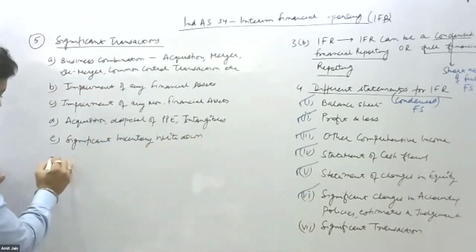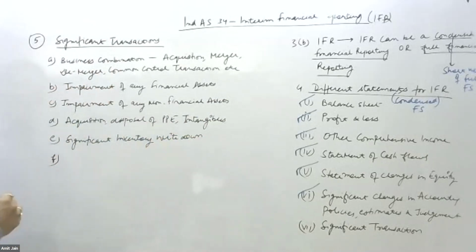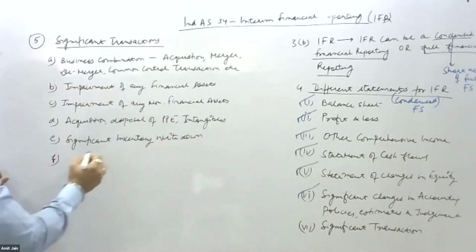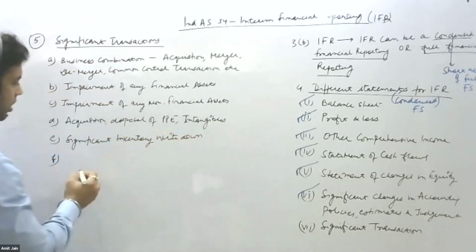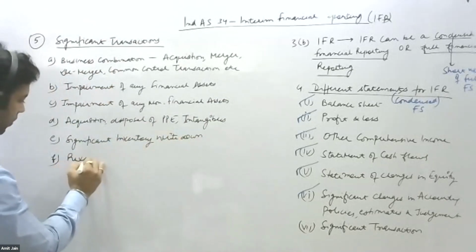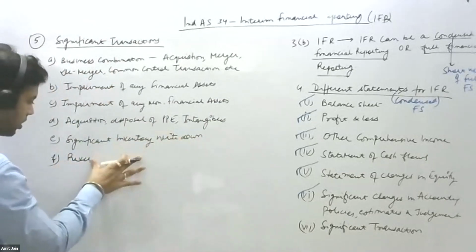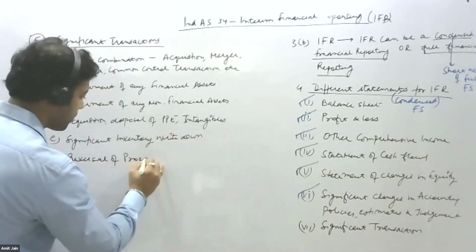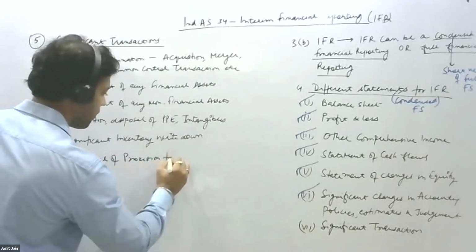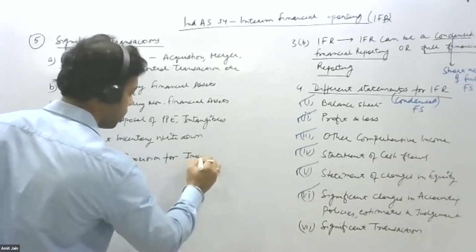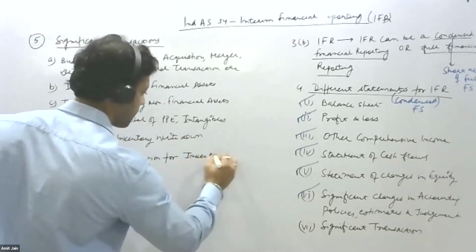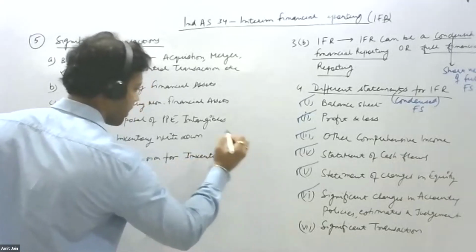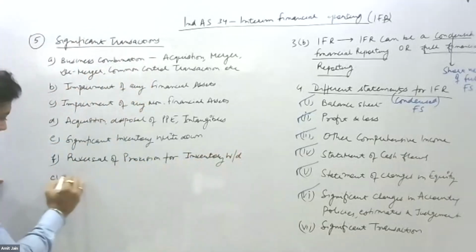What else? Reversal of provision for inventory write down. Correct. What else? Litigations.